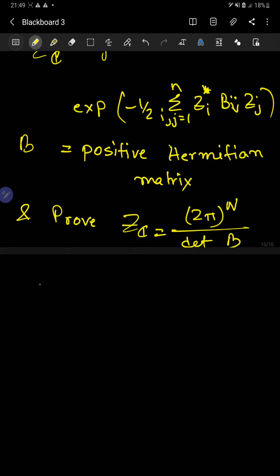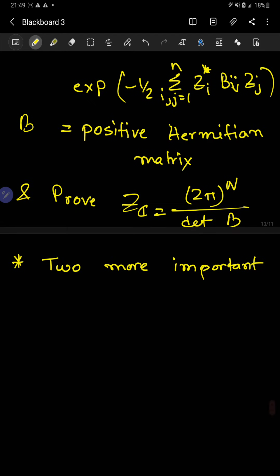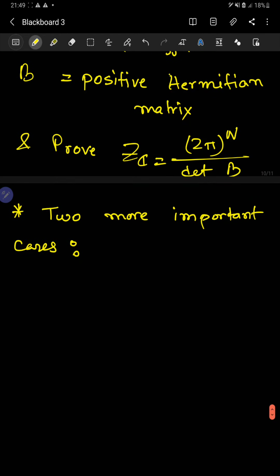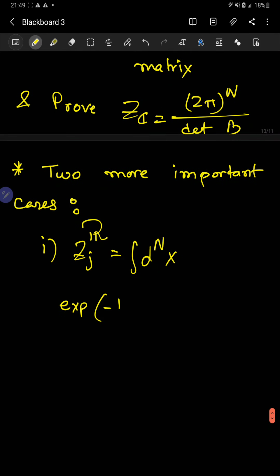So there are two other important cases which are homeworks for you. These are rather difficult as homeworks, but if you can solve them, we can discuss, of course. So the real case of this, if you can evaluate these two integrals, it will be very fruitful for our discussion.